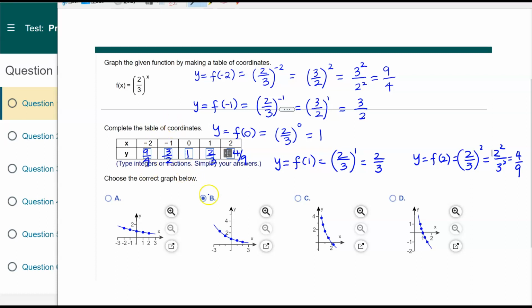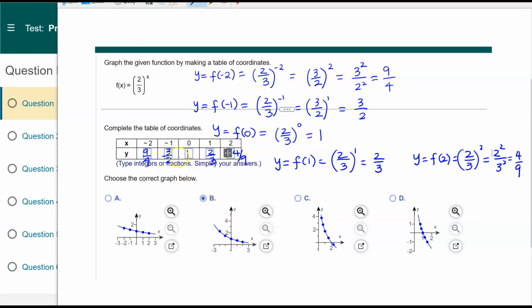And then now you look at the points here. This is the corresponding graph with these coordinates. As you could see here, when x is equal to -2, y is 9/4, which is 2 1/4, so a little bit over 2.